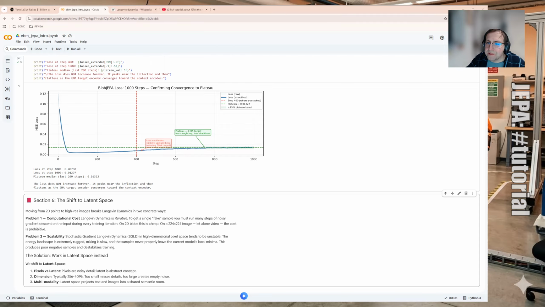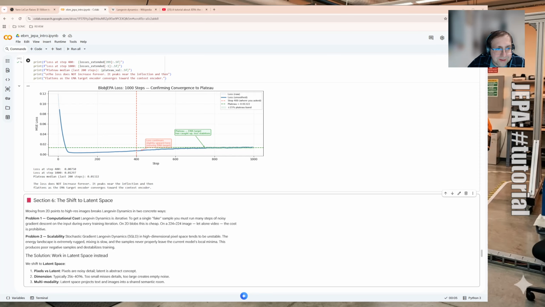And the red dashed line is essentially where we stopped before. The green plateau is where it stabilizes, which is around 15, plus or minus 15 of the median. And the loss essentially flattens and stays flat.